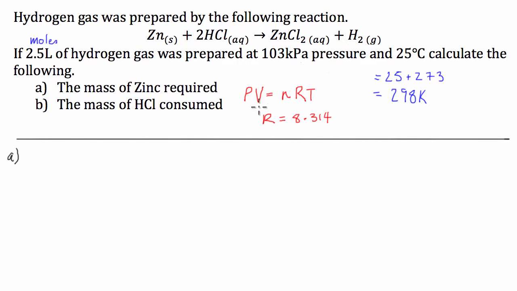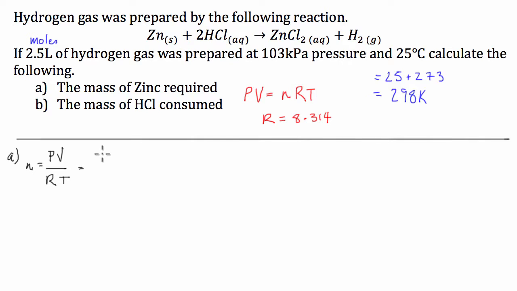So using this ideal gas law relationship, we're going to rearrange it so it's going to have n as the subject, and we're going to write n is equal to PV over RT. And this is the number of moles of hydrogen gas.